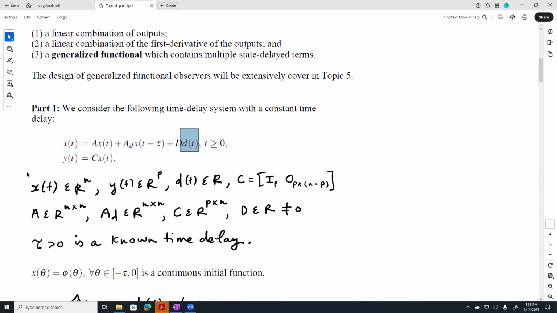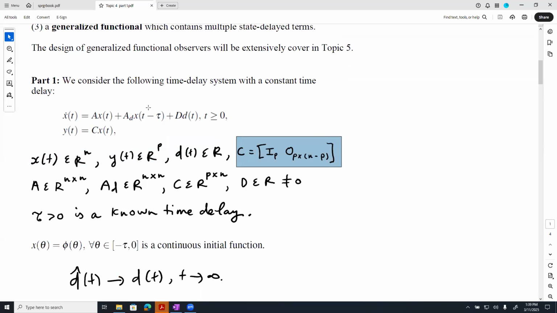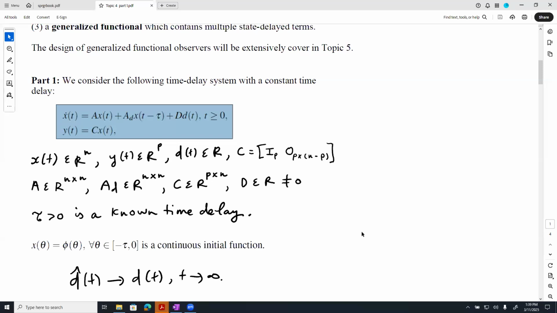And we have a stack vector of dimension n, an output measurement vector of dimension p, an unknown input, and the matrix C is in canonical form, which we can always transform the system into. Here tau is a positive scalar, and it's a known time delay. So this is a classic, very simple time delay system, or a system with a constant time delay.